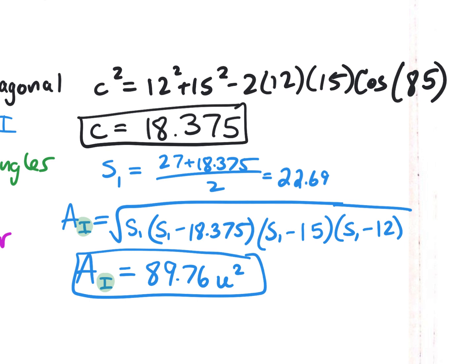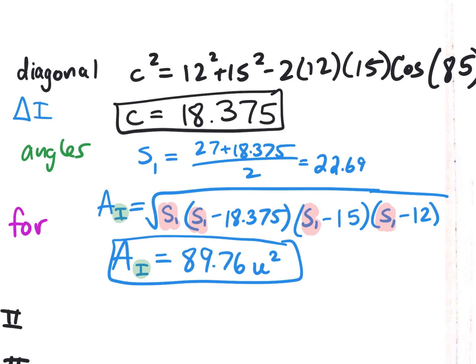So my S1 here was 22.69. And with that 22.69, that's getting plugged into my formula. Again, just to avoid some repetition here, I'm just using S1 as a placeholder. I would use the store feature in my calculator just to save myself a little bit of a headache. When it's all said and done, that first triangle has an area of 89.76 units.